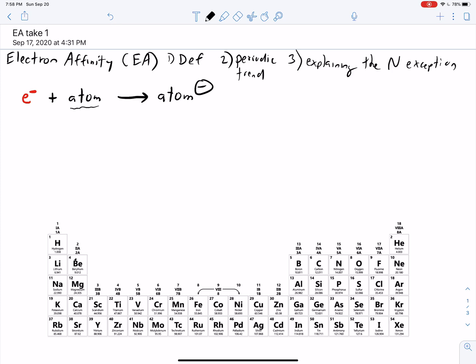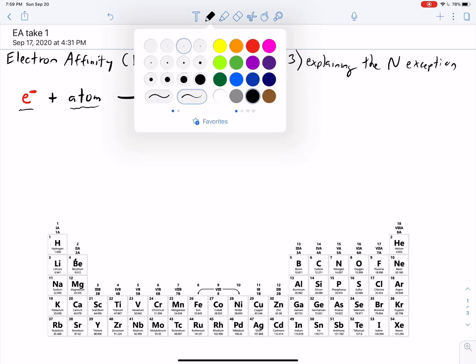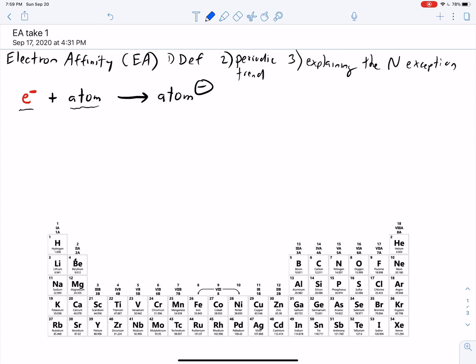The formal definition is that if we have a neutral atom, with equal numbers of protons and electrons, and we send a free electron its way, that free electron, a naked negative charge, is looking for a nucleus to associate with so that it can have some positive to balance it out. When that electron and that atom find one another, they combine to form an anion, an atom with a minus charge, and they release energy.